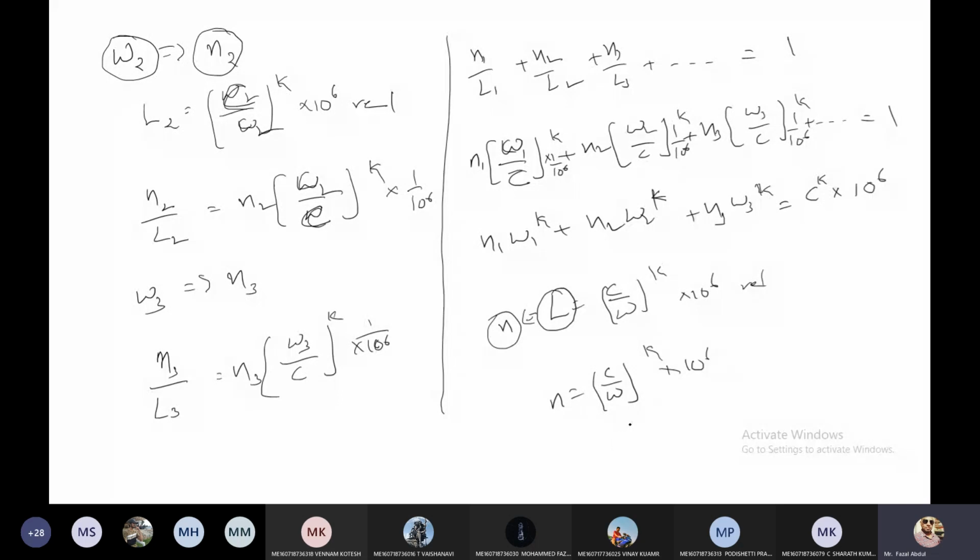So with this relation, N into W power K equals C power K into 10 to the power of 6. Consider this as one equation and that as the second equation, where N, the number of revolutions, is treated as the sum of the first time plus second time plus third time and so on, till the N number of revolutions.